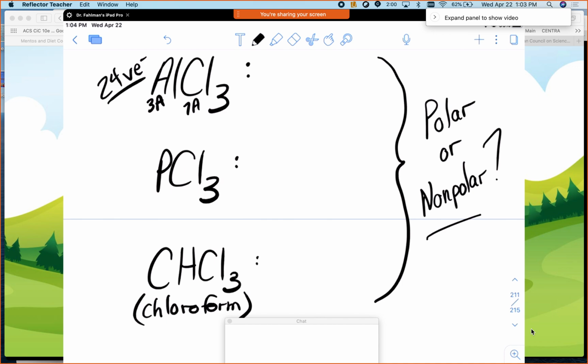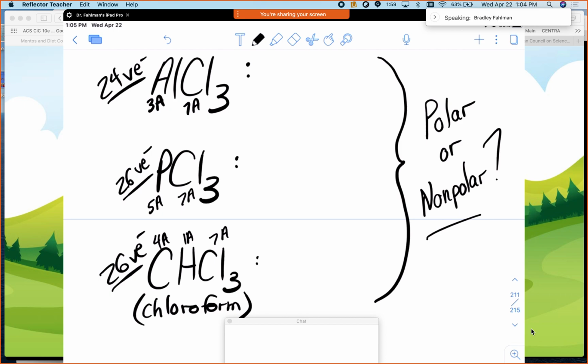Phosphorus for this one is in group 5A, chlorine again 7A, so that's 21 and 5 is 26 valence electrons. And then CHCl3, we've got 7A, 1, and 4A. So that's 21, 22, 23, 24, 25, 26 valence electrons.